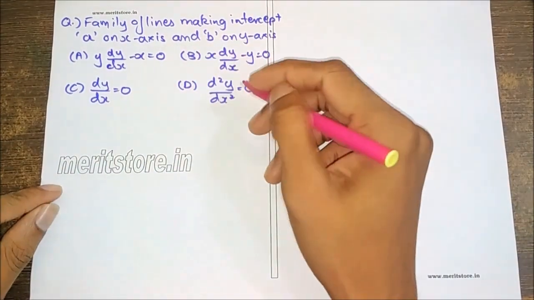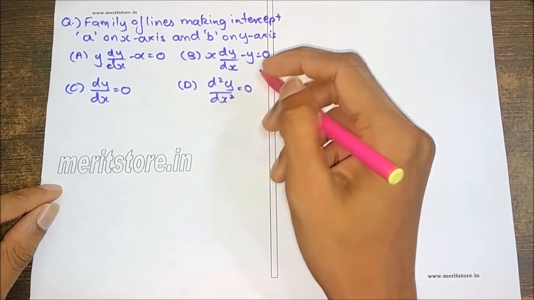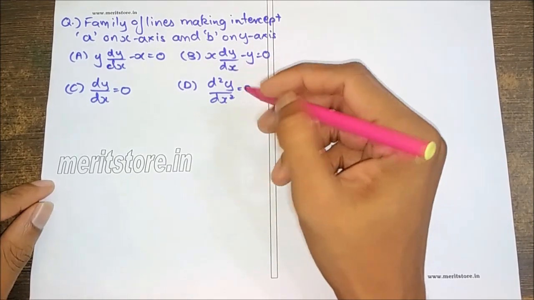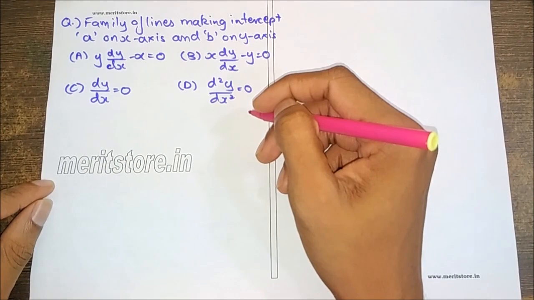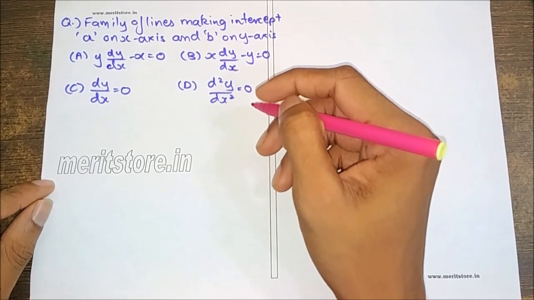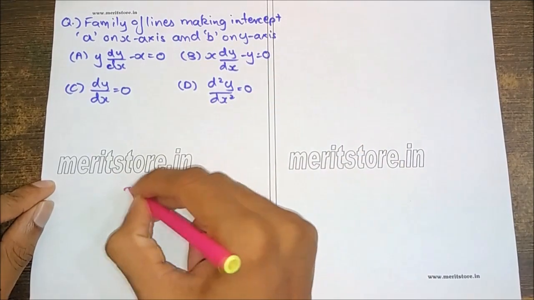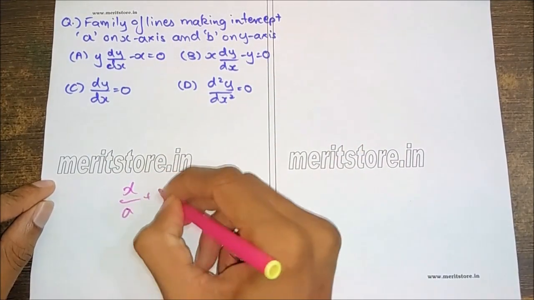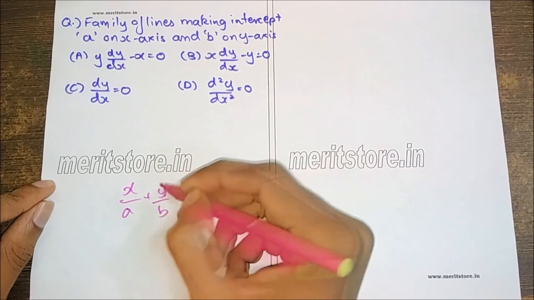Family of lines making intercept a on the x-axis and b on the y-axis. We are given 4 options. The equation of the family of lines making intercept a on the x-axis and b on the y-axis is x upon a plus y upon b equal to 1.